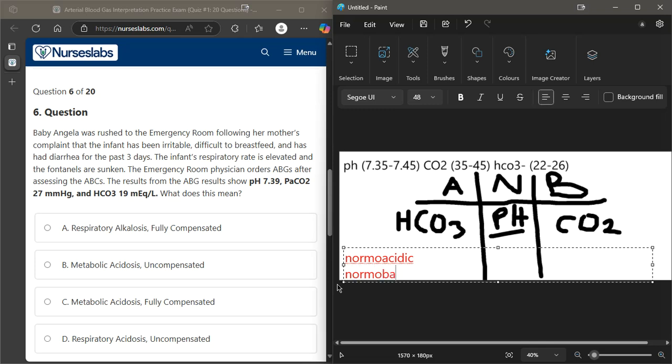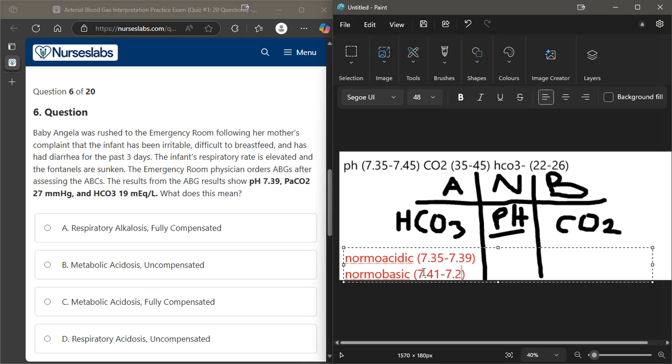So if the pH range is between 7.35 to 7.39, we will call this normal acidic. Whilst if it ranges from 7.41 to 7.45, we will call that normal basic.